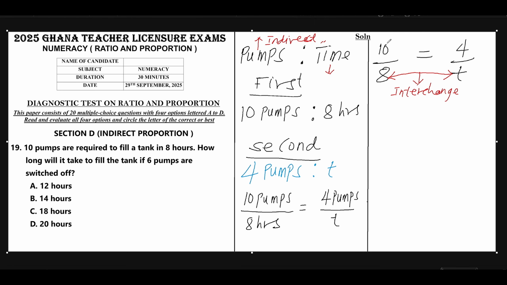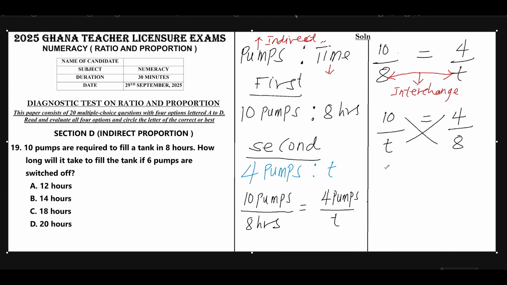So after interchanging, I can then do the cross multiplication. So let's interchange. We have 10 for the numerator. We have 4 for the numerator. But for the denominator, since we are interchanging, we have t here, and then we have 8. So we can now cross multiply.